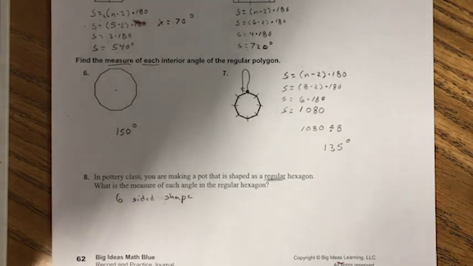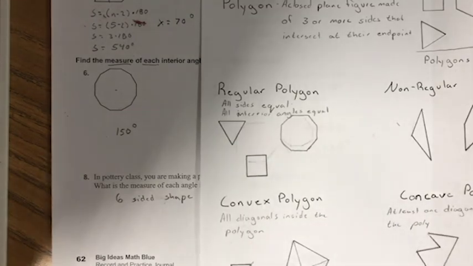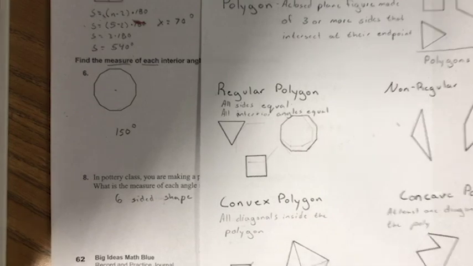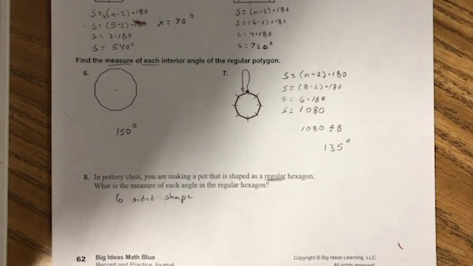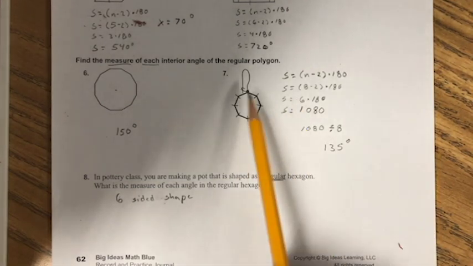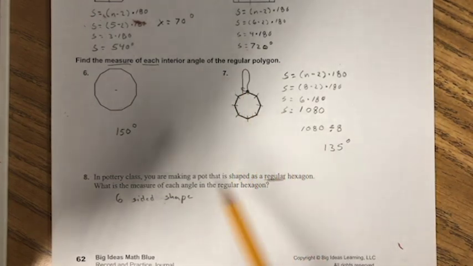What does regular mean for a regular polygon? We stated that a regular polygon means that all sides and all angles are equal. So that makes our life a little bit easier. It's very similar to what we did up here. We knew that all of these were regular polygons because it told us and it showed us.